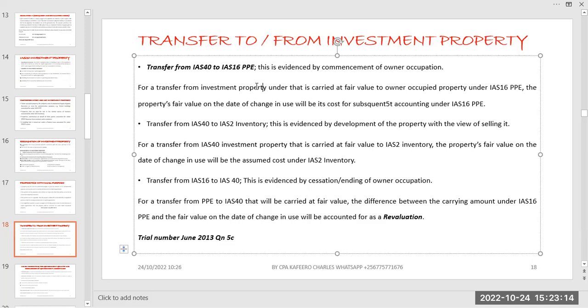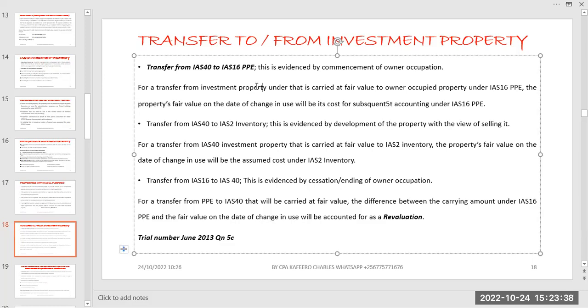So we are saying this is evidenced by commencement of owner-occupation, and owner-occupation brings about the administrative purpose. What you need to know is that when there is any transfer, first look at what that item is being used for. Is it being put up for sale?